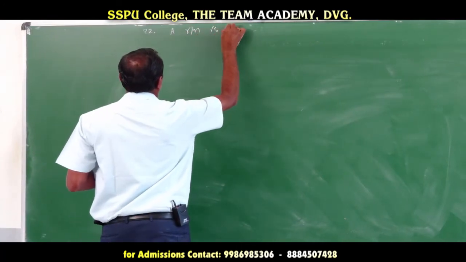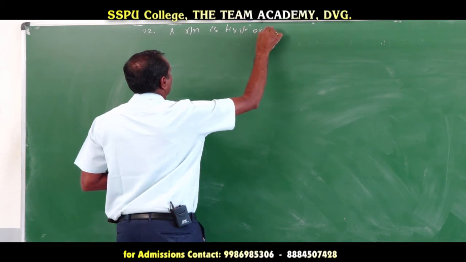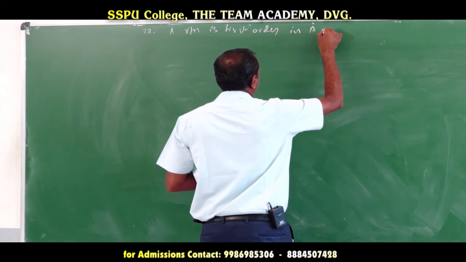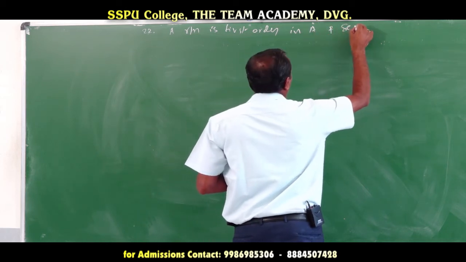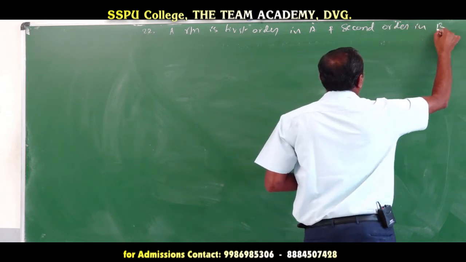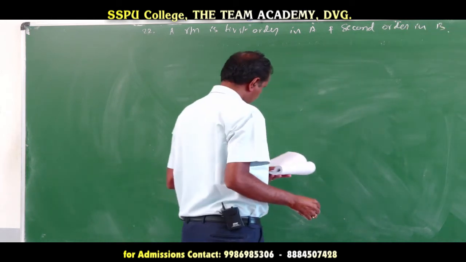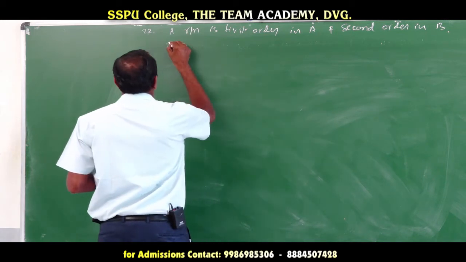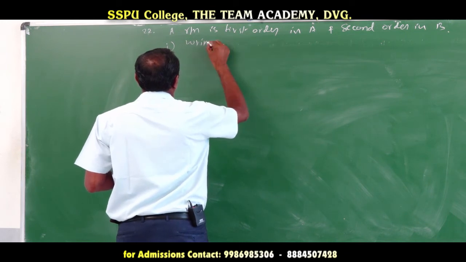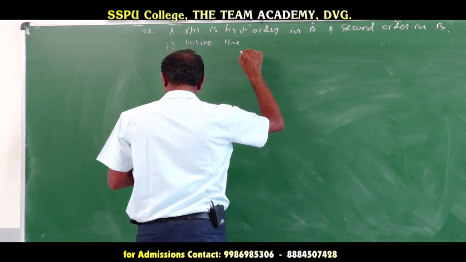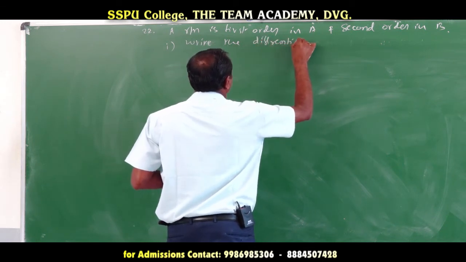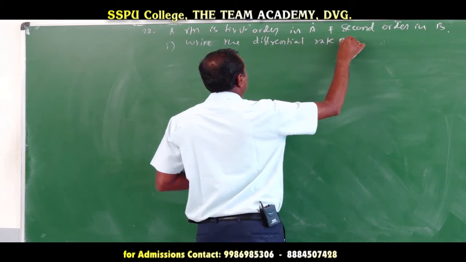A reaction is first order in A and second order in B. That first question: write the differential rate equation.